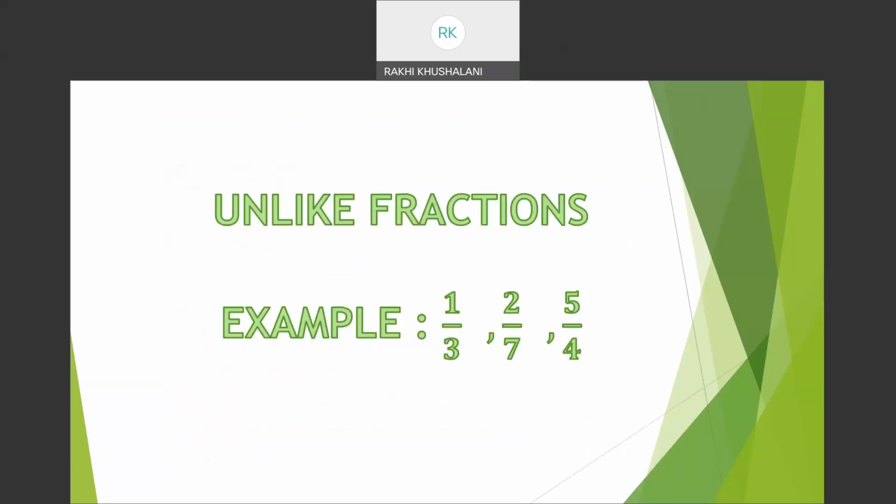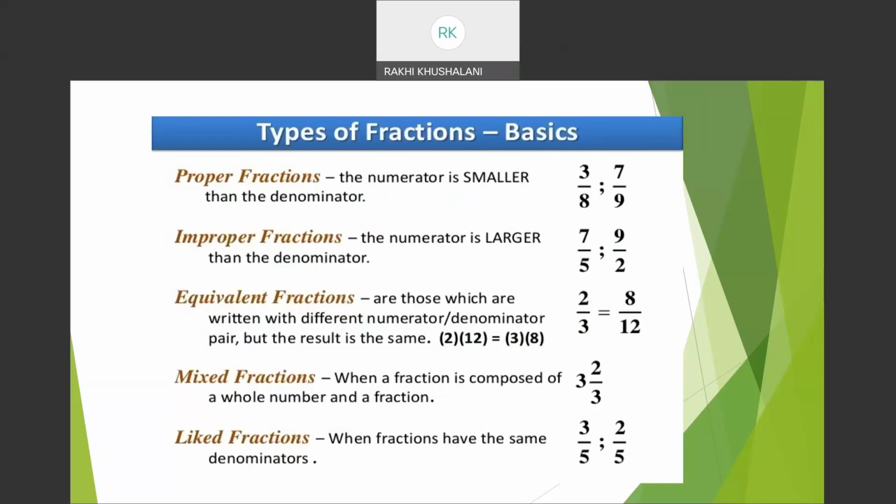What are unlike fractions? I will not go to that part now. First I will discuss proper, improper, and mixed numbers, or mixed numerals, or mixed fractions.